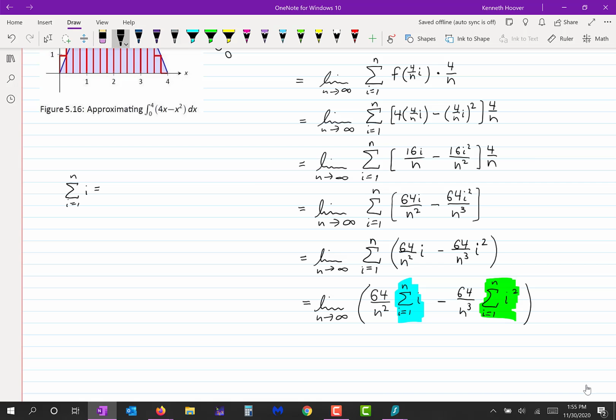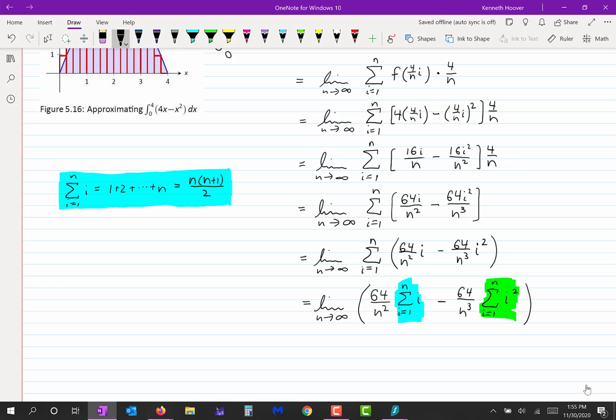The sum of a bunch of i's, where i goes from 1 to n, that would be 1 plus 2 plus etc. plus n. There's a formula for that. Maybe you've seen it before and maybe you haven't. It's n times n plus 1 over 2. Again, I'm not assuming that you would know that. That's information I'm giving you, because we're going to use that information to simplify our problem.